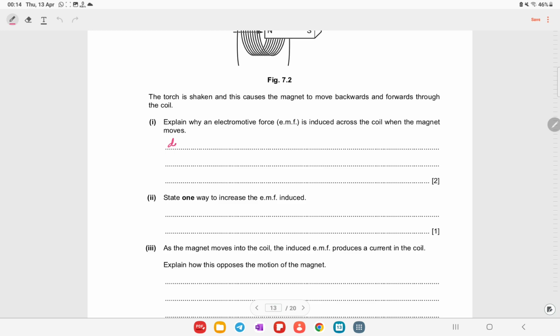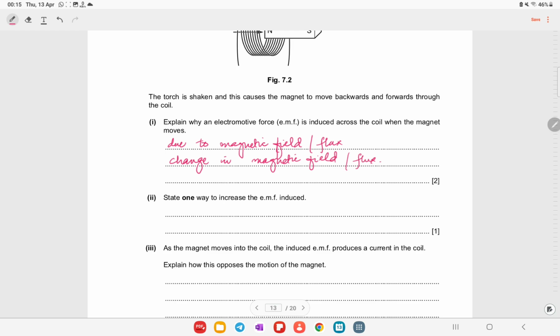So why has the electromotive force been induced? It's basically due to the change in magnetic field, or you can write change in magnetic flux.